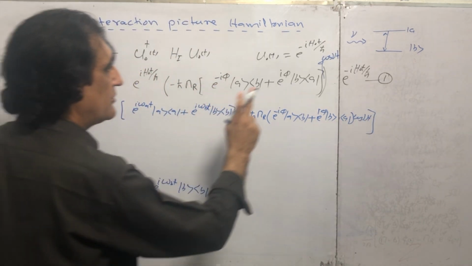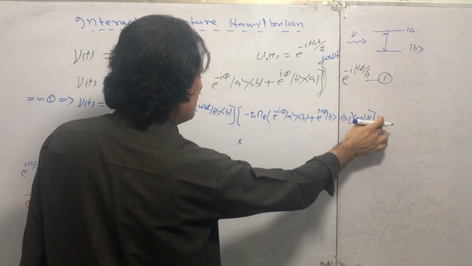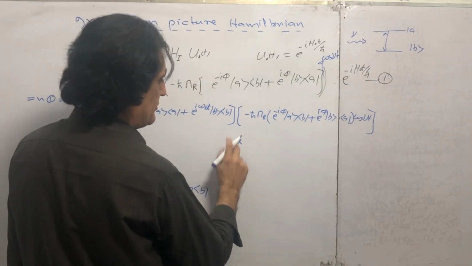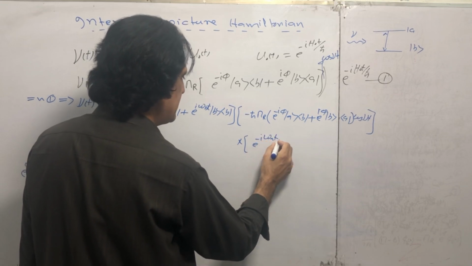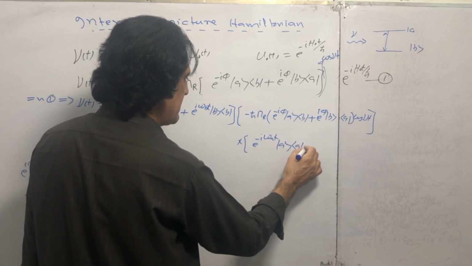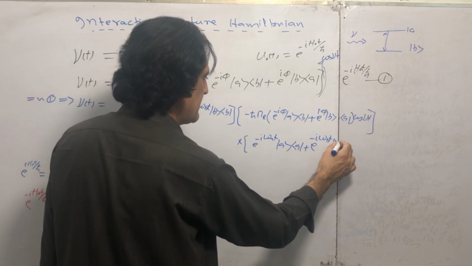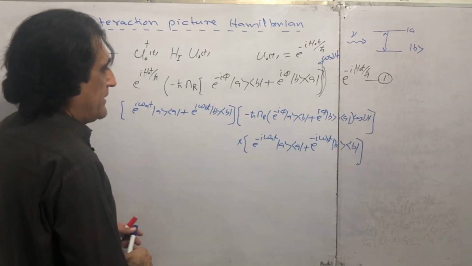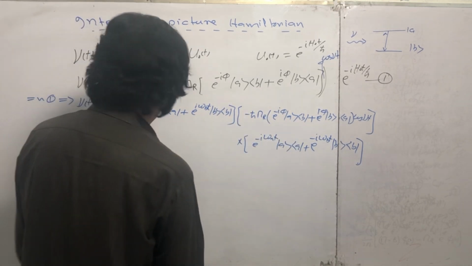And also with multiplication, this is a multiplication with this. So this term e to the power minus iota omega a t A A plus e to the power minus iota omega b t. Now first of all, multiply this term with this.